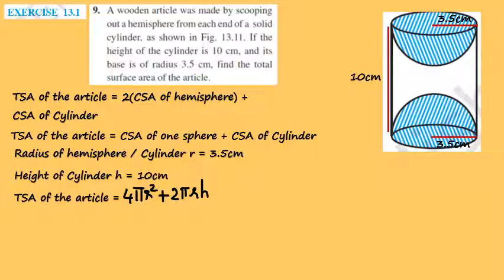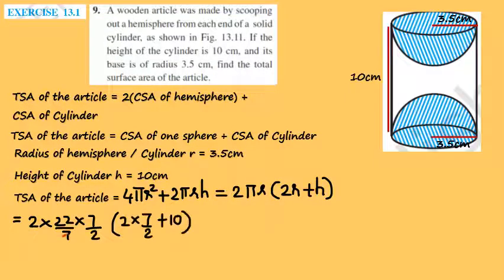Here what is common? 2 pi r is common. So 2 pi r into (2r plus h). Substitute the values and simplify. 2 will go, 7 will go, inside 2 will go. So 22 into 17, which is equal to 374 centimeter square. That is the total surface area of the article.